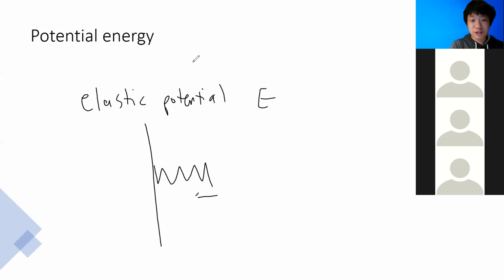And if you were to compress this spring, then if you were to release the spring suddenly, then the spring will shoot out. It's going to shoot out and release the stored energy inside it as kinetic energy, okay? So springs and rubber bands and all that stuff have elastic potential energy because if you compress them or stretch them, they're going to snap back and start to move, and they're going to release that energy as kinetic energy.